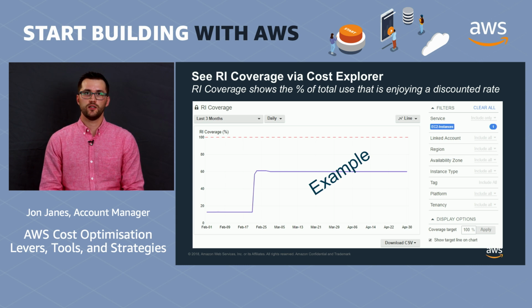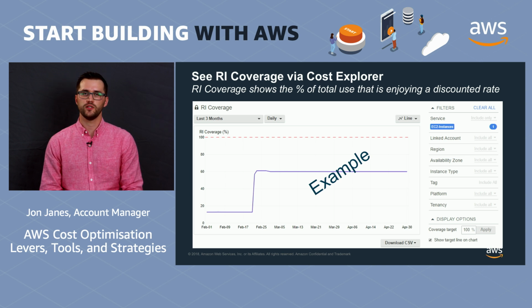So looking at AWS reserved instances, typically what you'll want to do is go back to one of the first tools that we mentioned, the AWS Cost Explorer. AWS Cost Explorer will allow you to see the demand, or the coverage, of your on-demand versus your reserved resources.